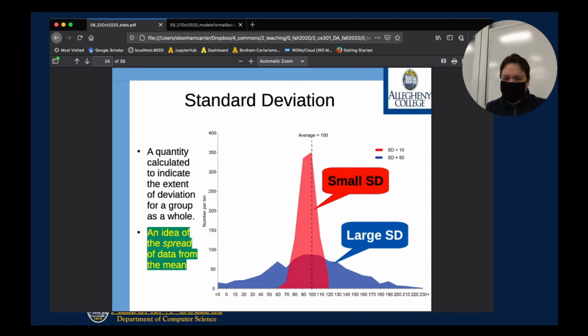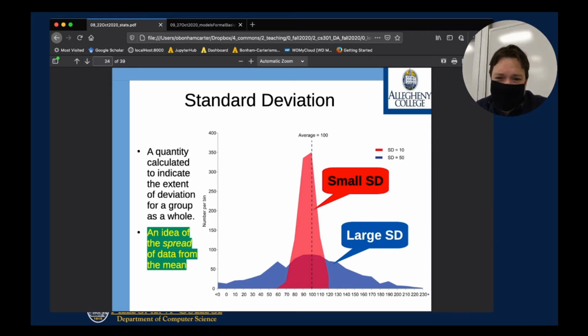Small standard deviation suggests that the numbers are all packed together near the mean. Whereas a large standard deviation, as numbers get bigger, suggests that the data sets are more spread out. There's much more difference, if you will, between the small values and the big values.